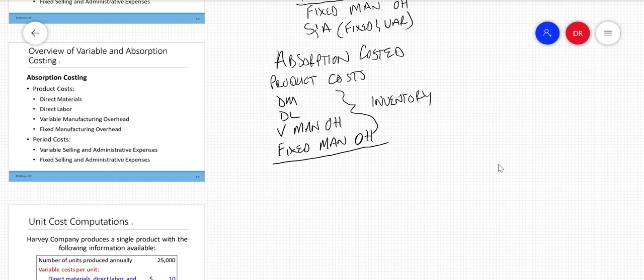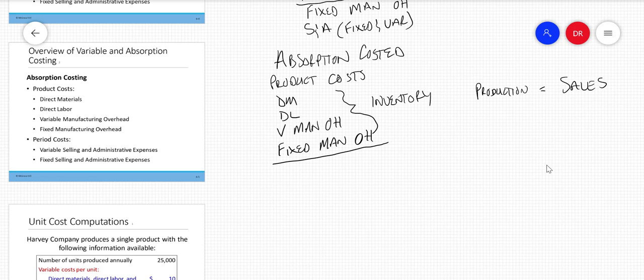So, just to explain the difference here, in a year where your production is equal to sales, both methods will produce the same result for net income.